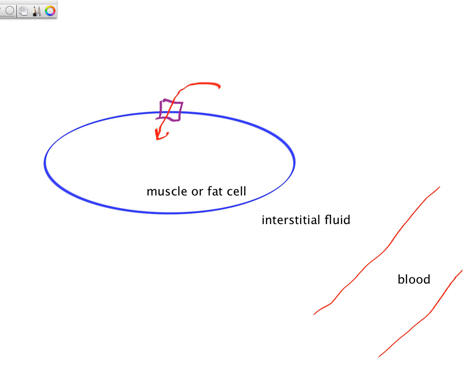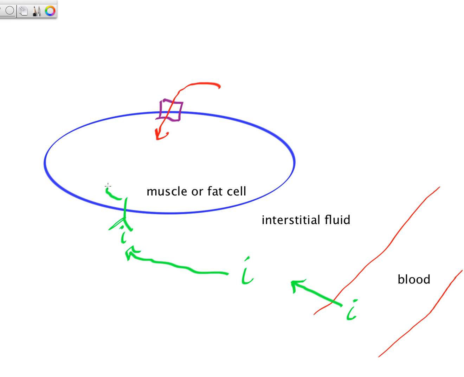When insulin is released by the beta cells, it travels through the blood, diffuses through the interstitial fluid, and is bound to this receptor. So this is the insulin receptor.